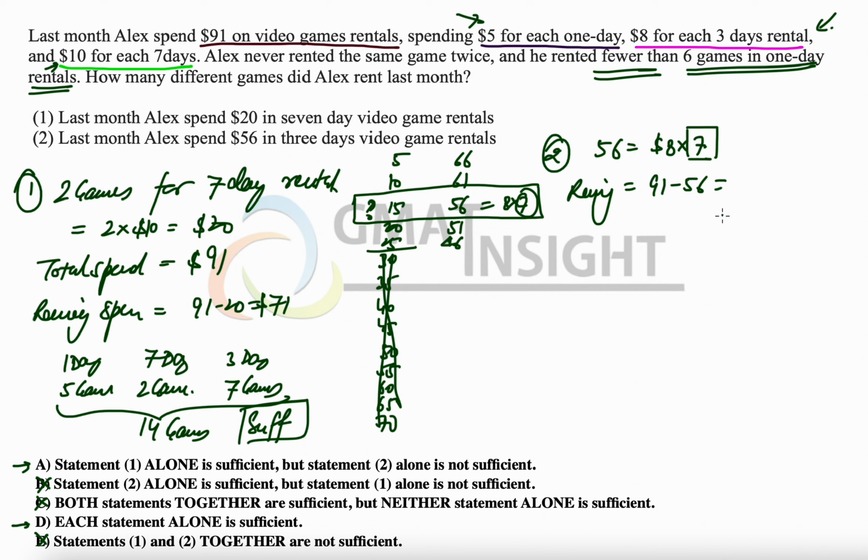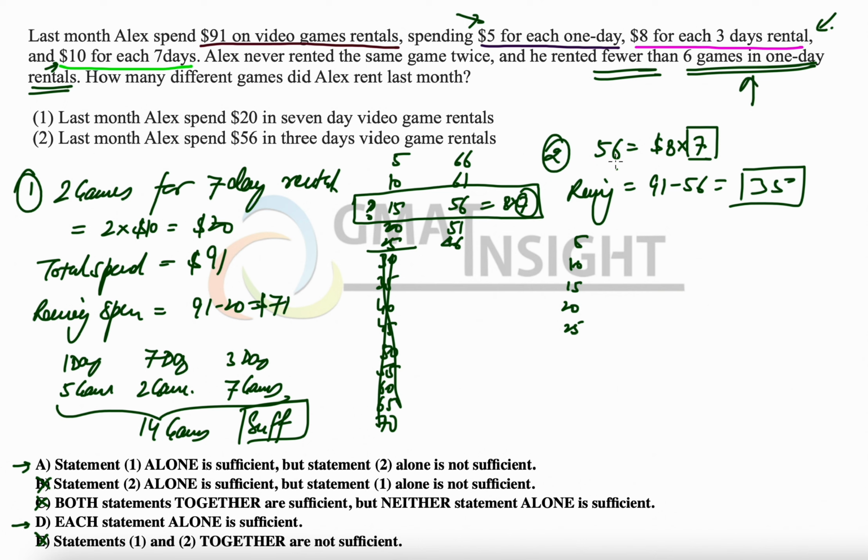Let's just quickly calculate. So that leaves us with 35. So he spends the remaining $35 on 1 day and 7 days, right? So this 35 again could have been broken into either 5, 10, 15, 20, 25. That's it, not more than 25.